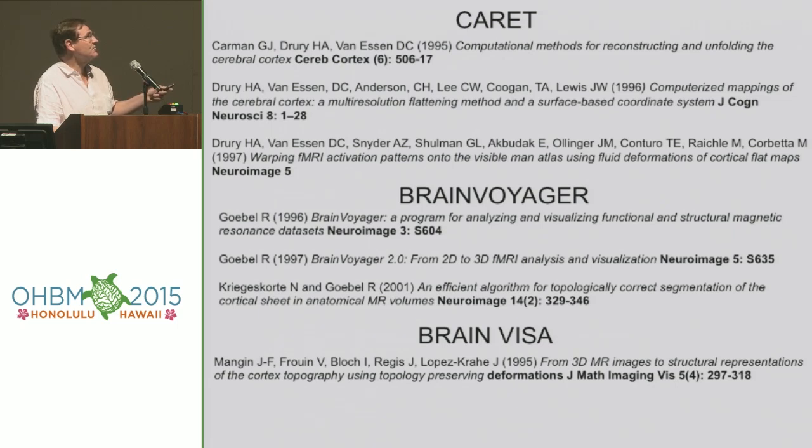David Van Essen's group developing the CARET software, Rainer Goebel's group developing BrainVoyager, and Jean-François Mangin developing BrainVISA. This early work was largely oriented towards surface extraction per se, modeling of the gray matter cortex to understand sulcal folding patterns in brain.